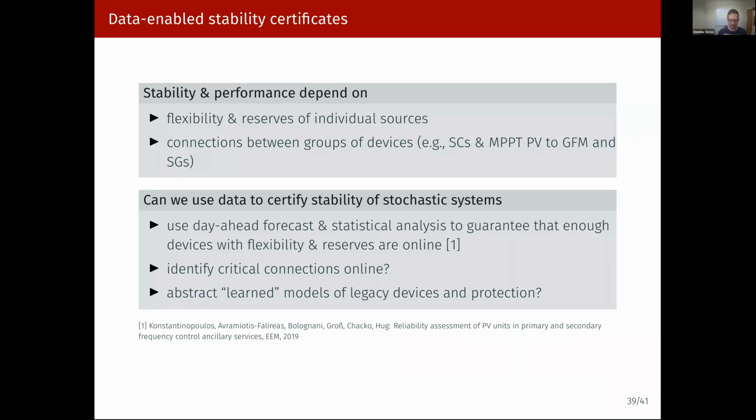And then we need enough lines or connections between these groups of devices. All of this may be subject to change dynamically, because as the flexibility and reserves change, it changes the composition of these different groups, and then it changes which connections you would like to look at.